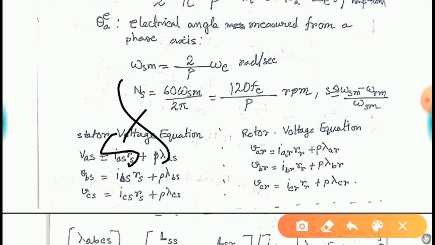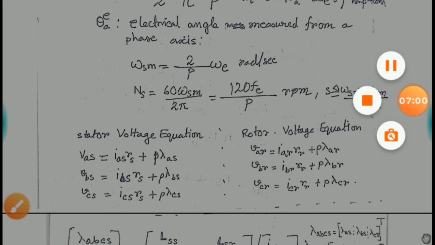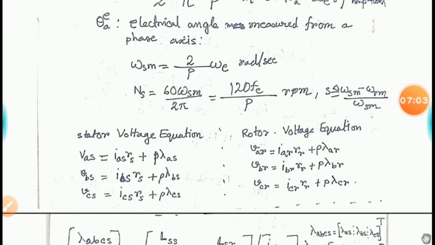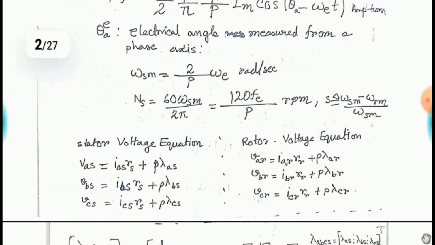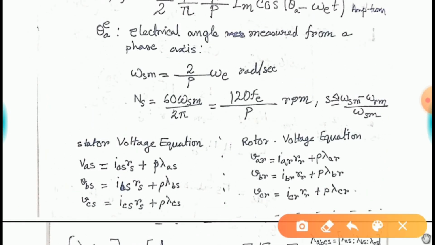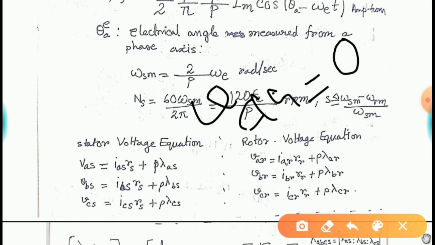We can proceed with our present discussion, but let me tell you one thing. If the rotor terminals are taken out of the machine's closed enclosure for external access, then it is not bound to become zero. VAR equal to zero, or always zero, is the case only for the squirrel cage induction motor.